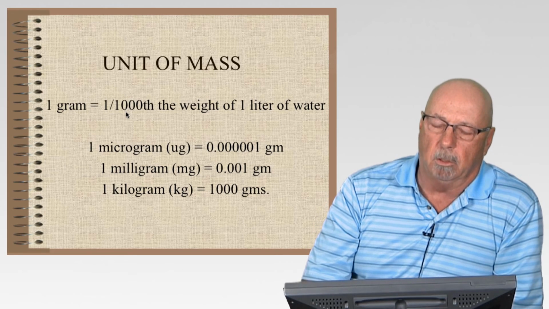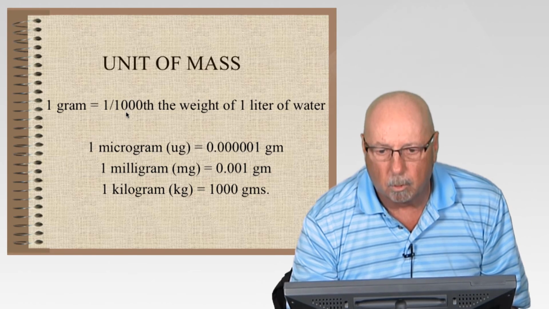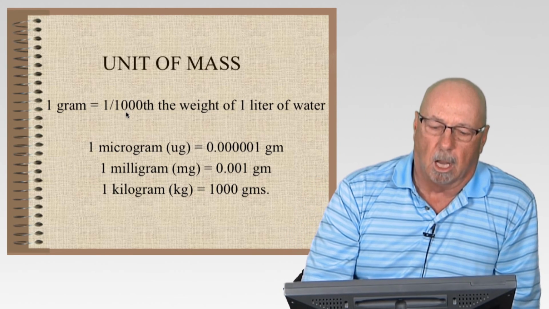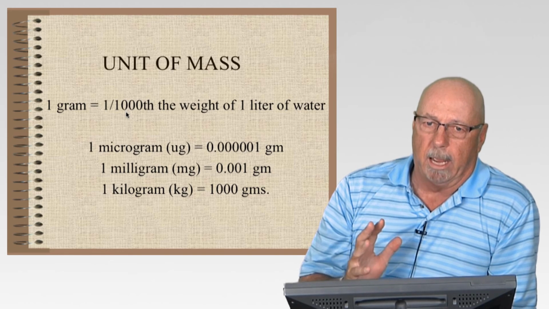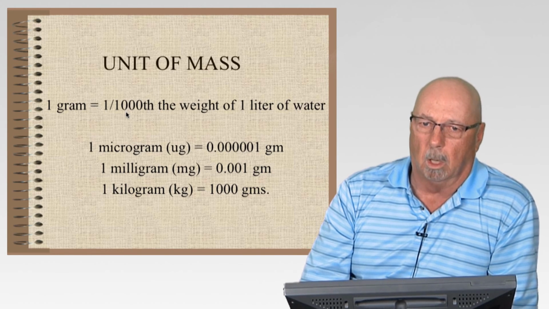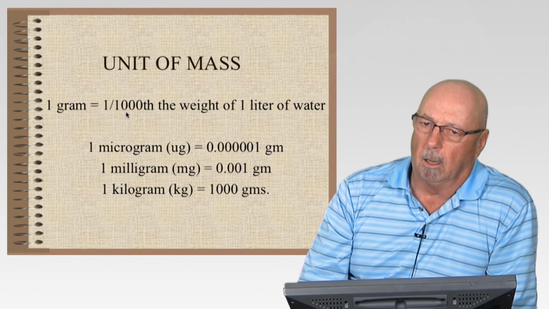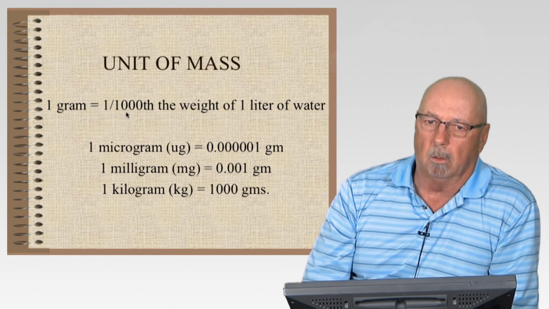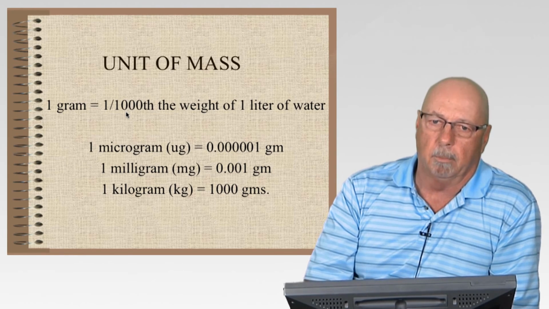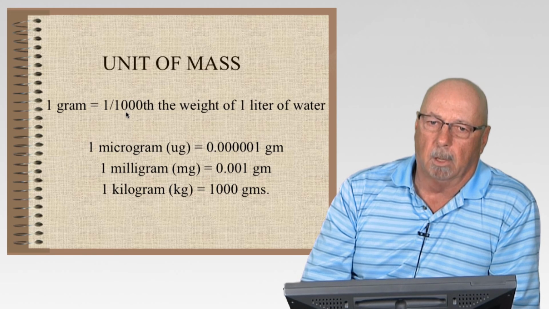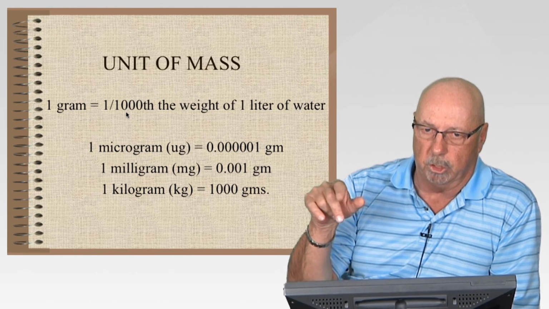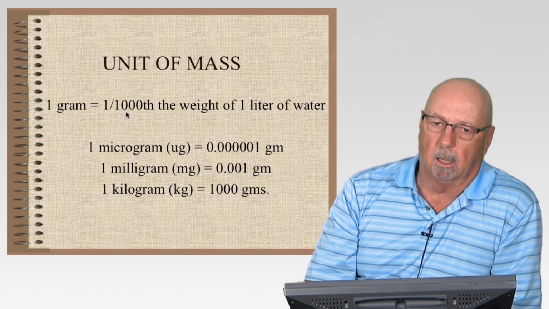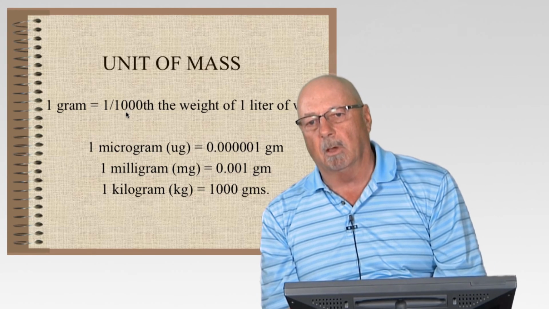And then finally we have the units of measurement for mass. For mass, we start off with 1 gram, which is essentially equivalent to 1/1000th the weight of 1 liter of water. 1 microgram is 1/1,000,000th of a gram, and its abbreviation is mu g, the UG. 1 milligram, which is mg, is essentially 1/1000th of a gram.